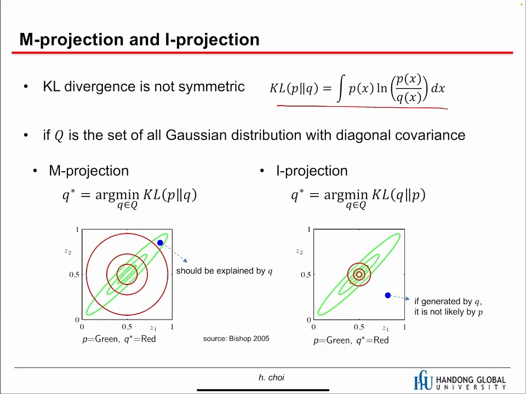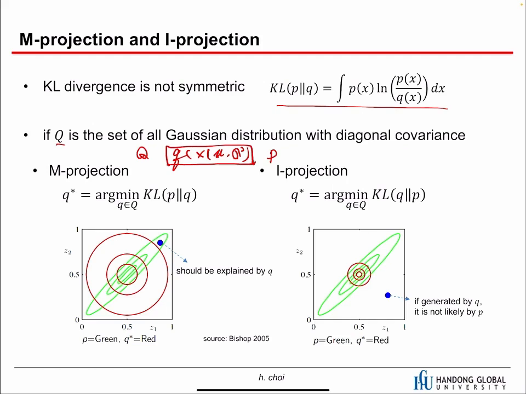And if Q is the set of all Gaussian distributions with diagonal covariance, which means Q is Q of X given mu and sigma square, so we are interested in this distribution, and when we update this mu and sigma square, then we might have a slightly different Q. Okay, so this is our model, and again we have a true distribution P. Now we want to minimize.